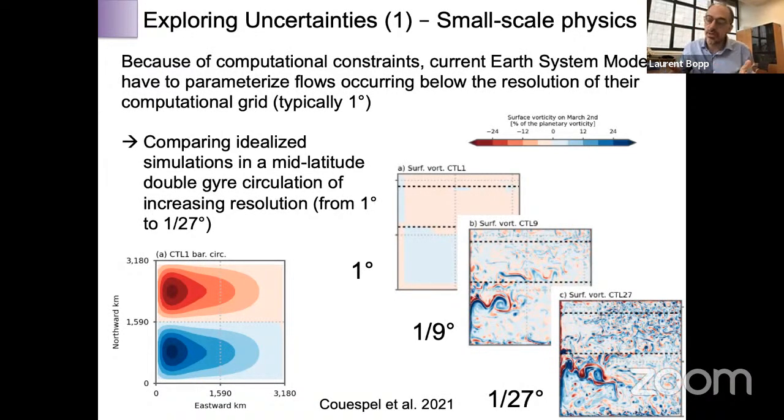And this is interesting because you can compare in the same framework different resolutions. You know, 1 degree, which is typical of the resolution we use in climate models, to 1/30th of a degree, which probably we won't reach before many, many years in climate models.